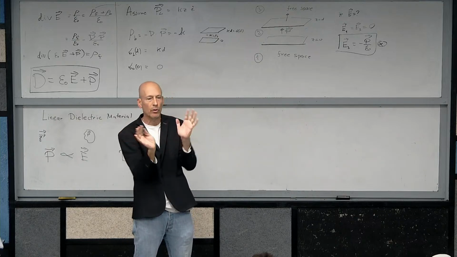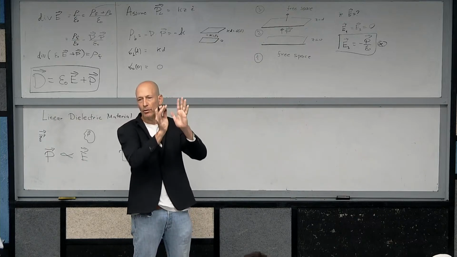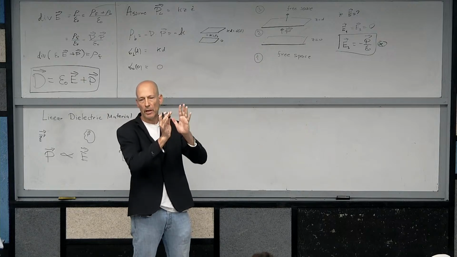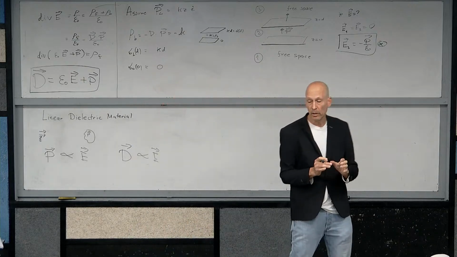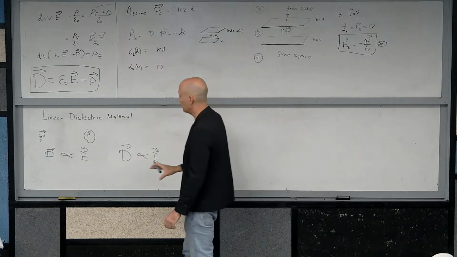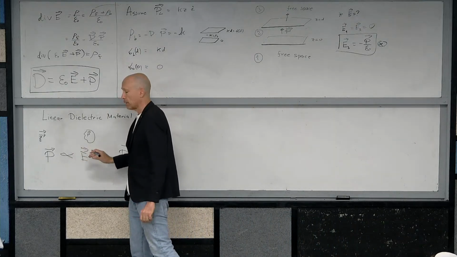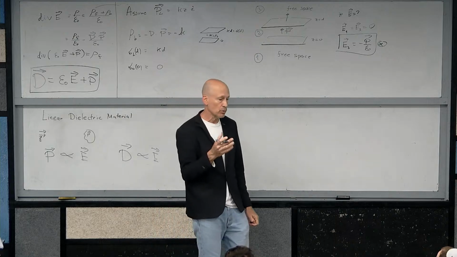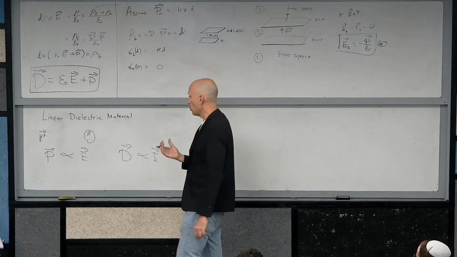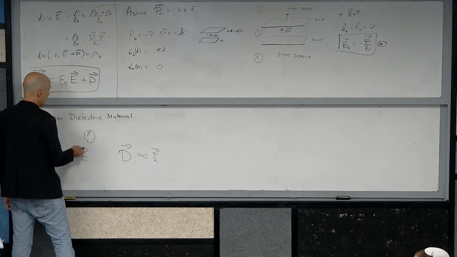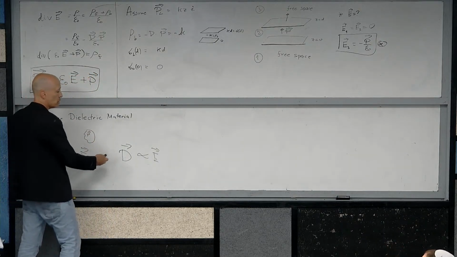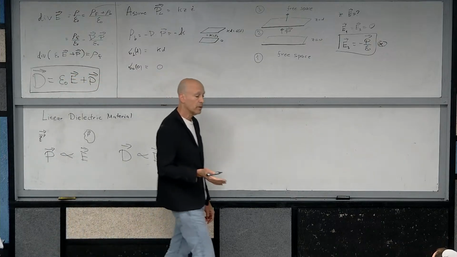It could be that they are not really all aligned, but a majority is aligned, or some fraction of them are aligned. But this is a macroscopic field. And then the proportionality will depend on some of that alignment. Okay, so this is more or less the microscopic picture. And you go to the lab, you don't know what is inside, but you can apply this E, and then you can use these assumptions and make predictions, and then you can measure them.